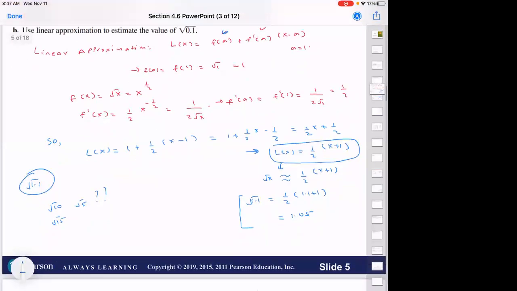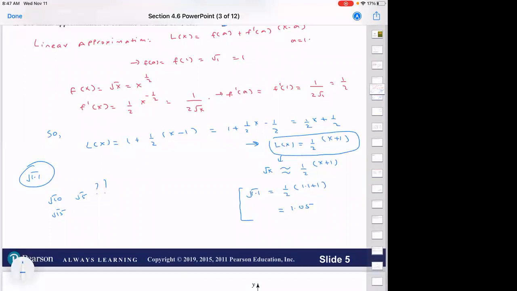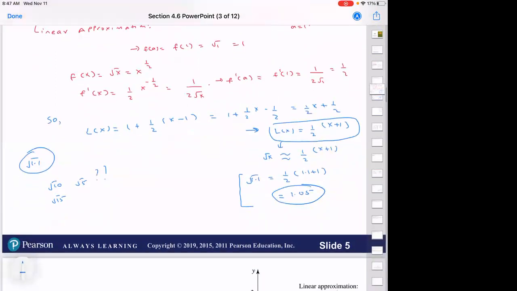Okay, just to wrap up, this is our approximation of square root of 1.1 when we use that linear approximation. What about if you put this in a calculator and find the exact value? What do you get if you plug in 1.1 in your function?